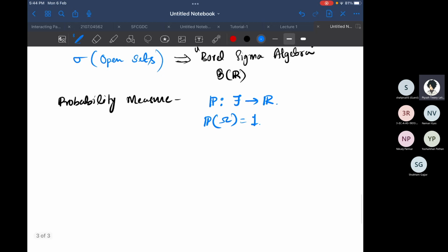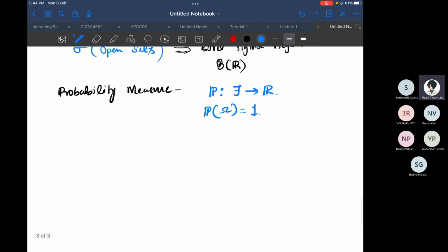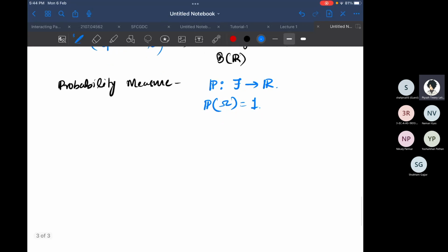It assigns some weight to elements of the sigma field, and it assigns a weight of 1 to the sample space itself. There is another property here that I should write: P of A should be less than or equal to P of B if A is a subset of B.